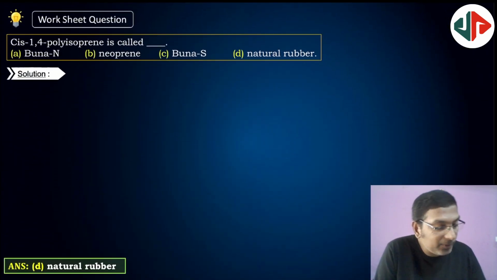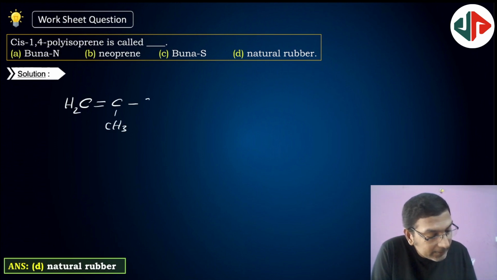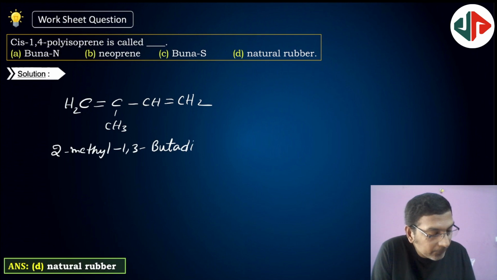So cis-1,4 polyisoprene is known as natural rubber. So isoprene means CH2=C(CH3)CH=CH2. So 2-methyl-1,3-butadiene. This is isoprene.